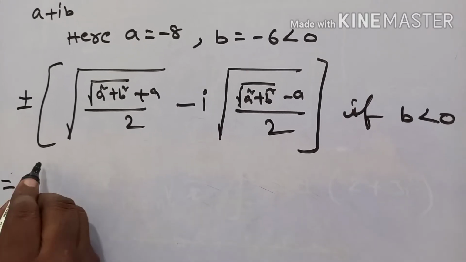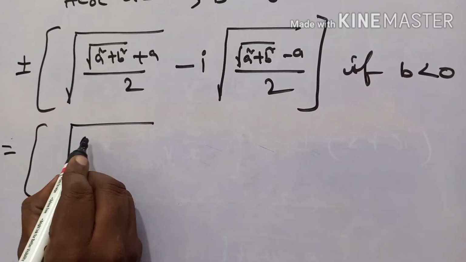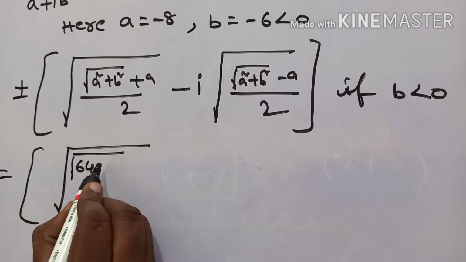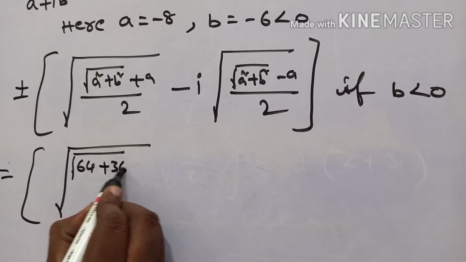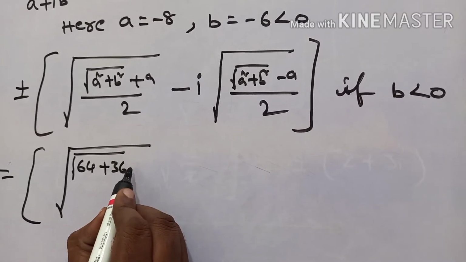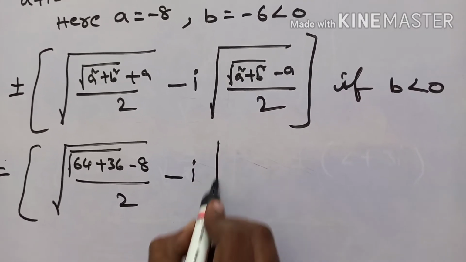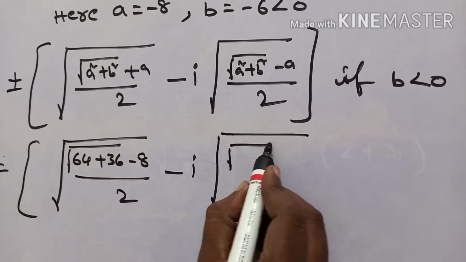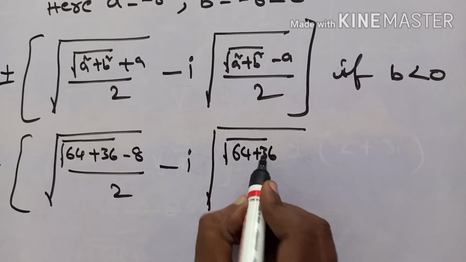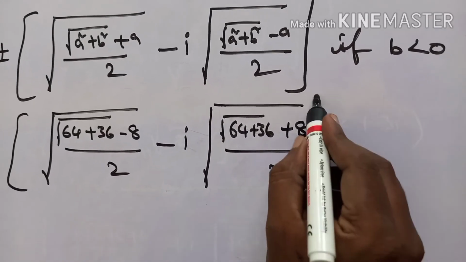Okay, root over minus 8 whole square is 64, minus 6 whole square is 36, plus a, that is minus 8, by 2, minus i into, similarly here also root of 64 plus 36, minus a, that is plus 8, by 2.